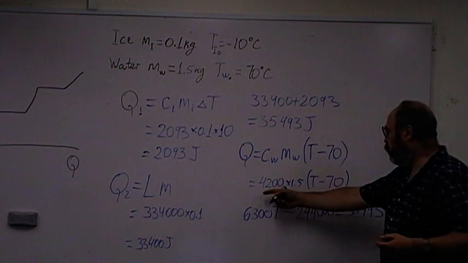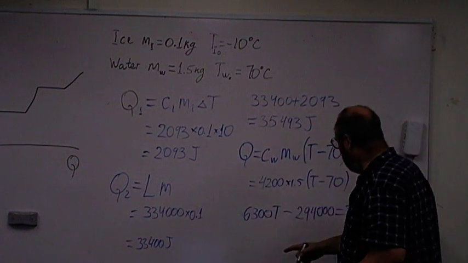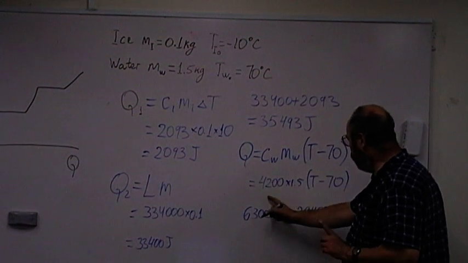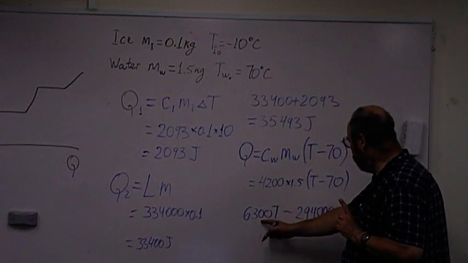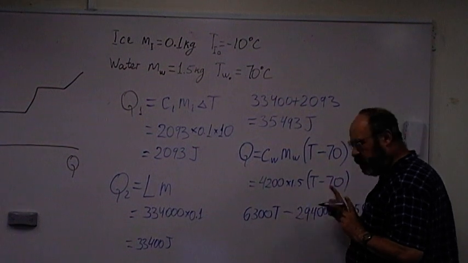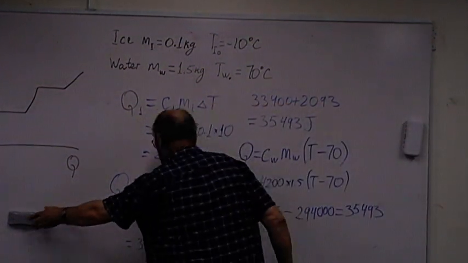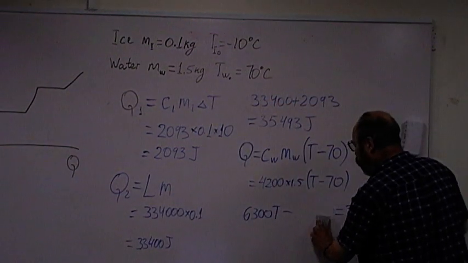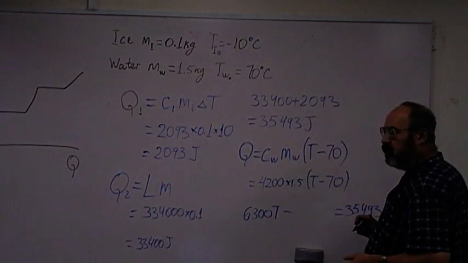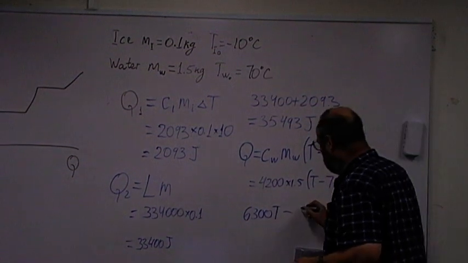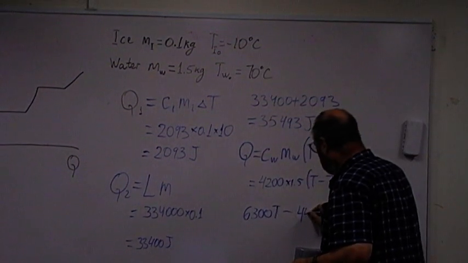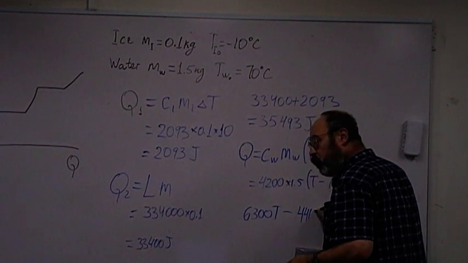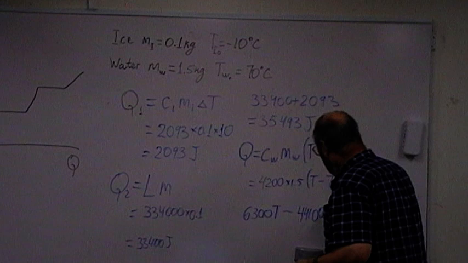Can you please check for this? Sorry, no, we didn't multiply 6,300 by 70. I multiplied 4,200. We need to multiply 6,300 by 70. Wow, it's 441,000. 441,000? Yep, thank you.